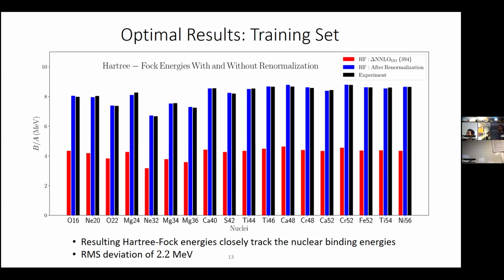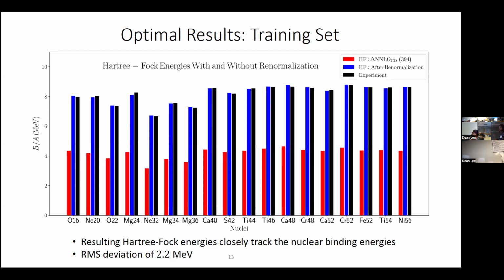Okay. I'll just comment on that point that the missing energy here is captured by higher order methods. In particular, for example, we were talking about coupled cluster.